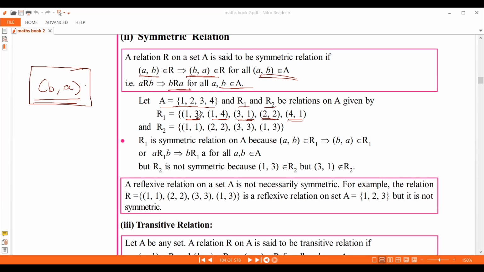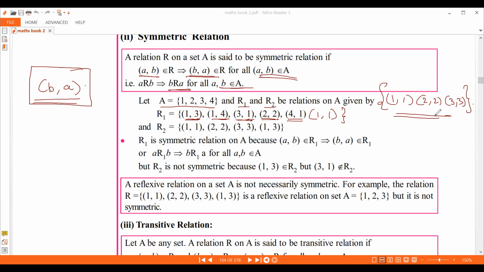So 1 comma 3 is there. Suppose I write 1 comma 1, is it symmetric? Yes, it is symmetric. So if I write a set like 1 comma 1, 2 comma 2, all the doublets, is it symmetric? Yes, it is symmetric. If I swap 1 1, I get 1 1. If I swap 2 2, I get 2 2. If I swap 3 3, I get 3 3.